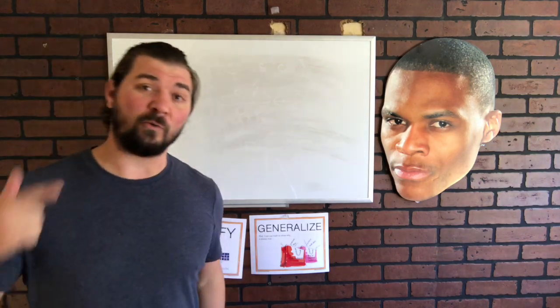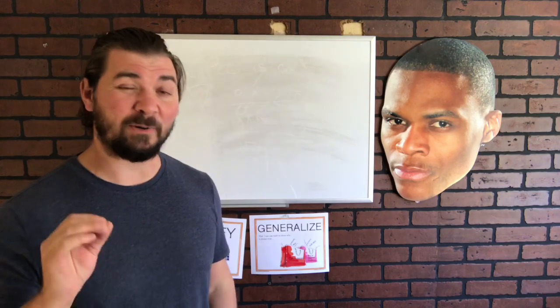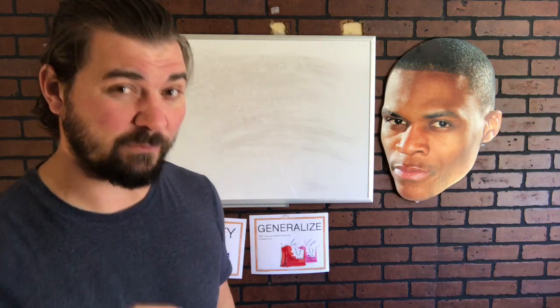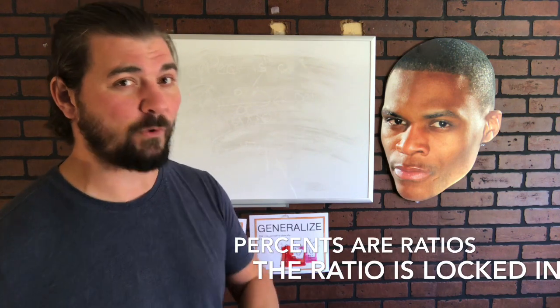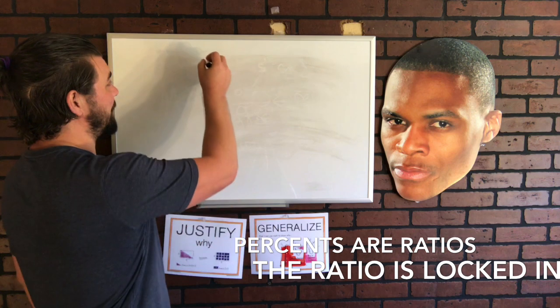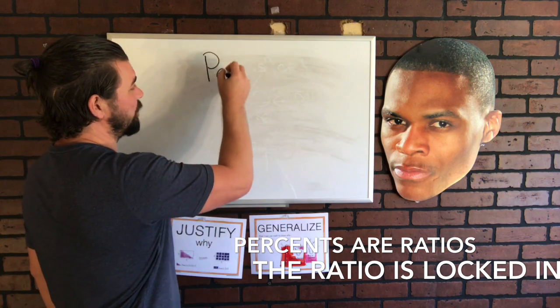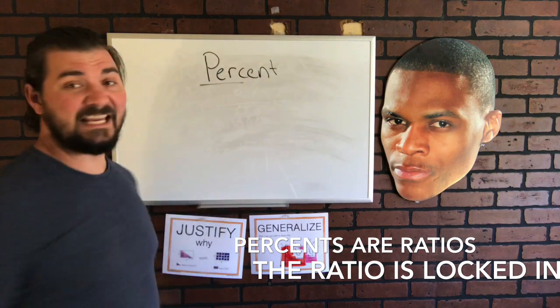And today we are really going to focus on generalizing what a percent is. Now, a percent is a ratio, and we've been studying ratios all year, so it's not something too new for you. So imagine I've got this ratio, and I'm going to write the word percent up here, and we're going to break this word down. Percent. The first part is per.